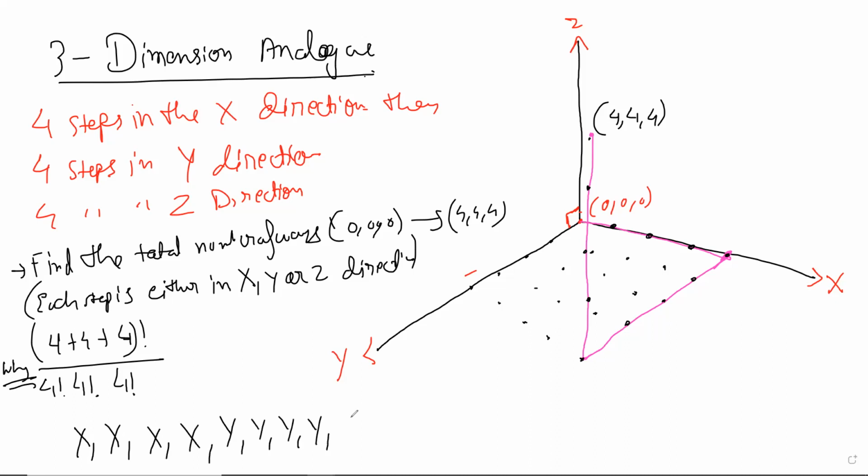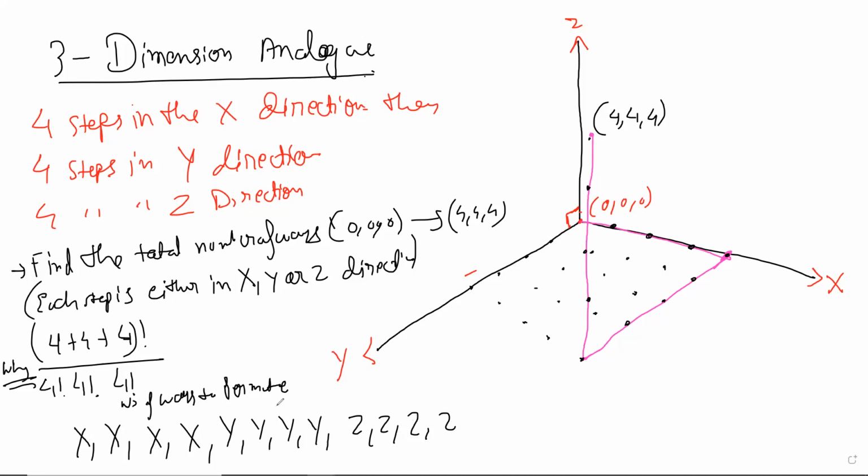Okay, that's right. Essentially, we just want to permute them. Number of ways to permute. So you see again, this problem is just the number of ways to permute 4 x's, 4 y's, and 4 z's.